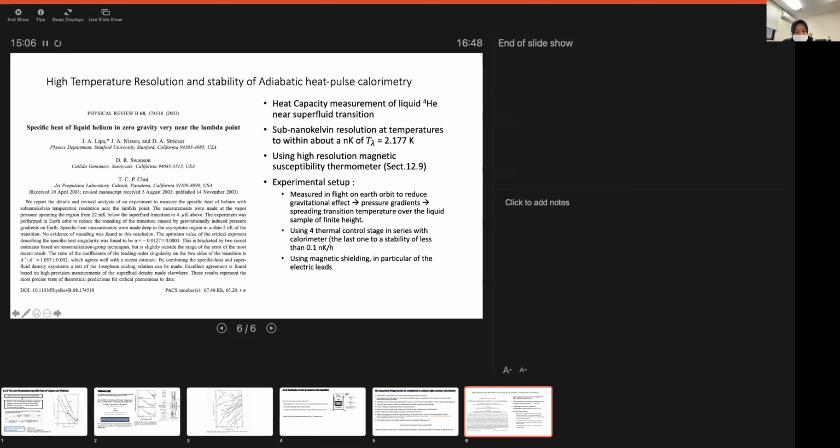This is important for investigating the phase transition of liquid helium, so the phase transition shows the required sharpness. If you want details of what kind of experiment, you can read this journal.